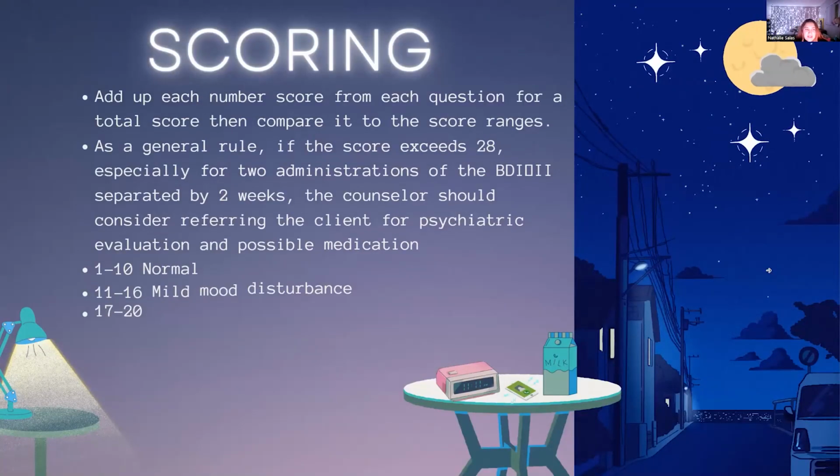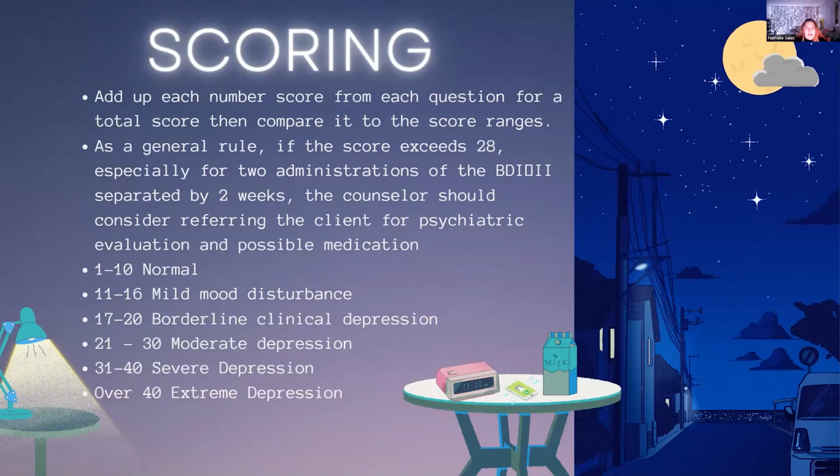So for the scoring system, depending on if the client circled 0, 1, 2, or 3, you will add up that number. If they scored a 3, you will add 3.